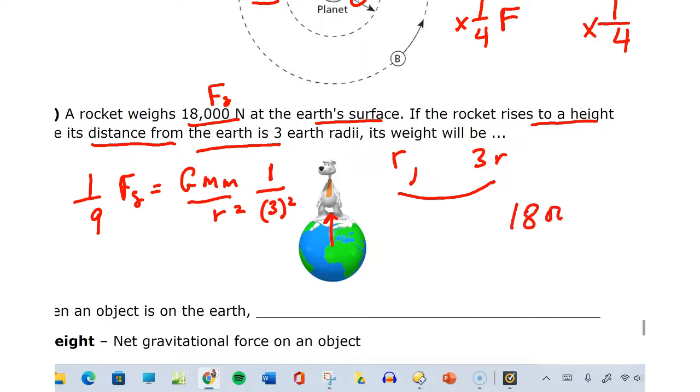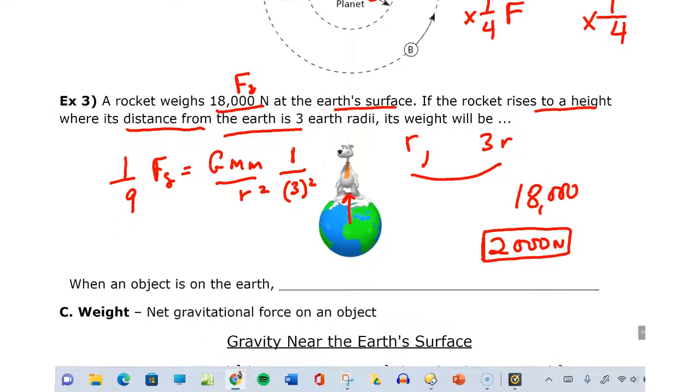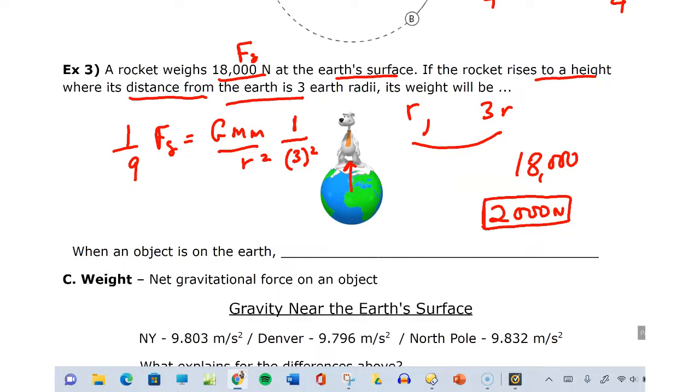You were 18,000. 1/9 of 18,000. Your weight changes. The rocket's weight changes to 2,000 newtons. When on the Earth, the separation distance, or the R value, is R, the radius of the Earth.